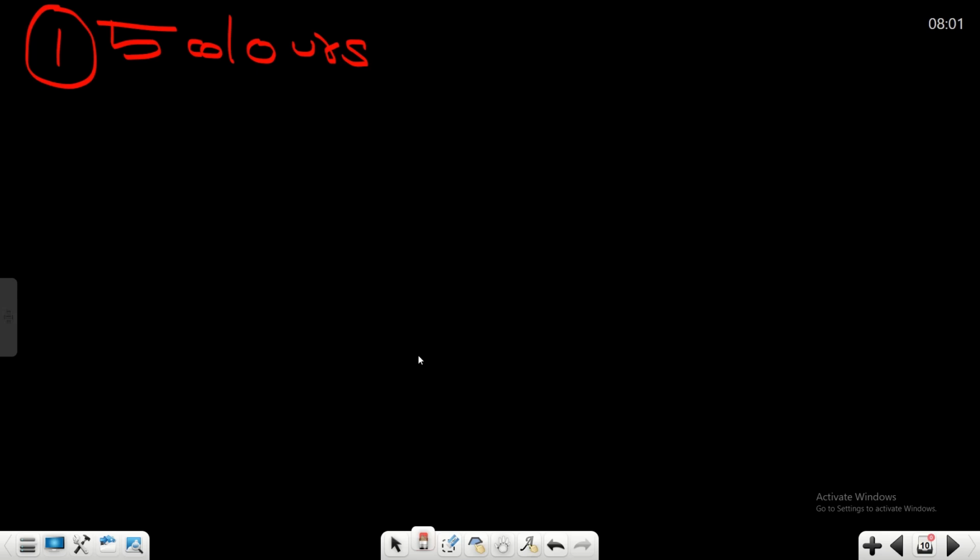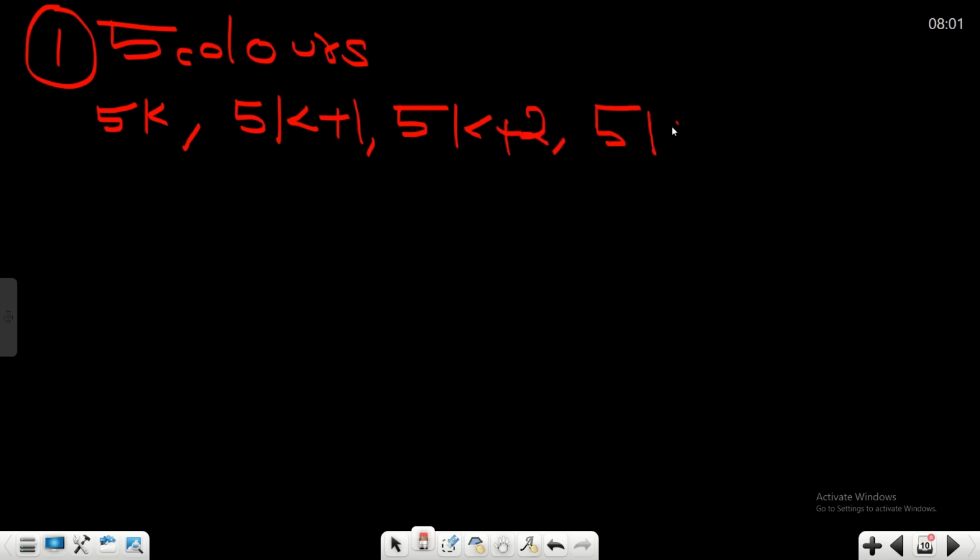Then one thing is clear, that you can represent n in terms of 5k, or 5k plus 1, or 5k plus 2, or 5k plus 3, or 5k plus 4. We can represent n with these 5 forms.